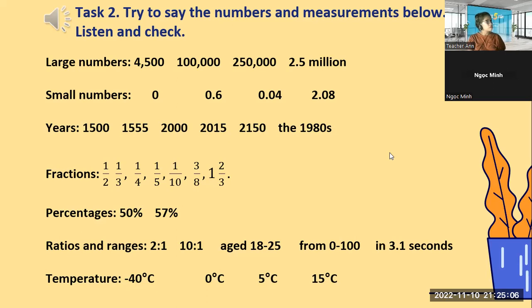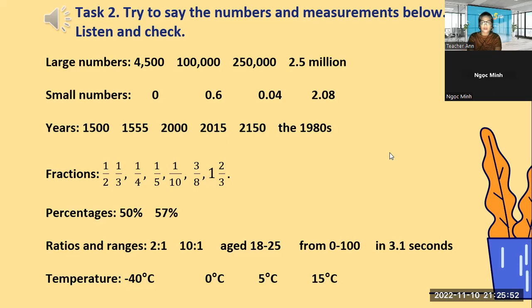Fractions. A half, a third, a quarter, a fifth, a tenth, 3/8, 1 2/3. Percentages. 50%. 57%. Ratios and ranges. 2:1, 10:1, aged 18 to 25.